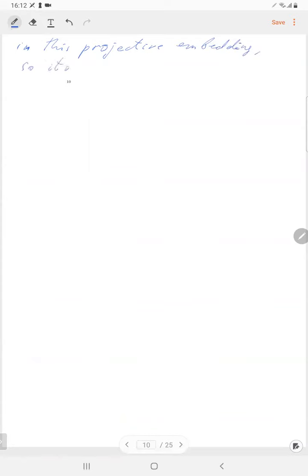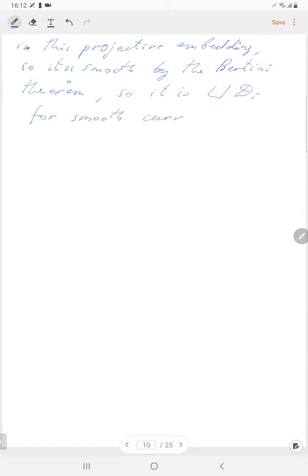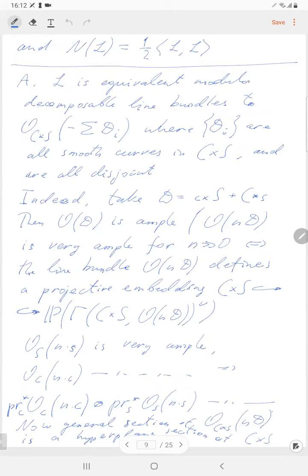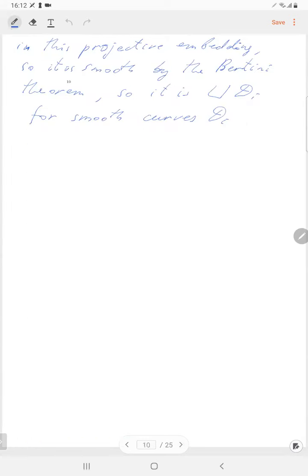So it is smooth by the Bertini theorem. So it is the disjoint union of smooth components. And that is what we wanted to prove, right? Okay, so that's it, and thank you for today.